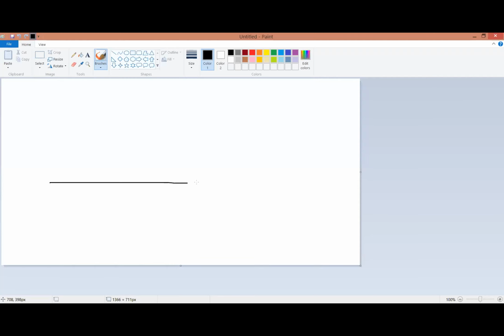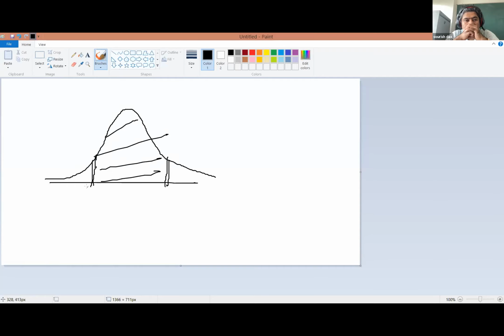So, sir, in a single mode distribution, if we are asked to calculate the central 95% quantile interval, we get something like this. This interval that we are getting has the maximum probability. Between this part and this part, anything outside this interval has a lesser probability for any value, right?